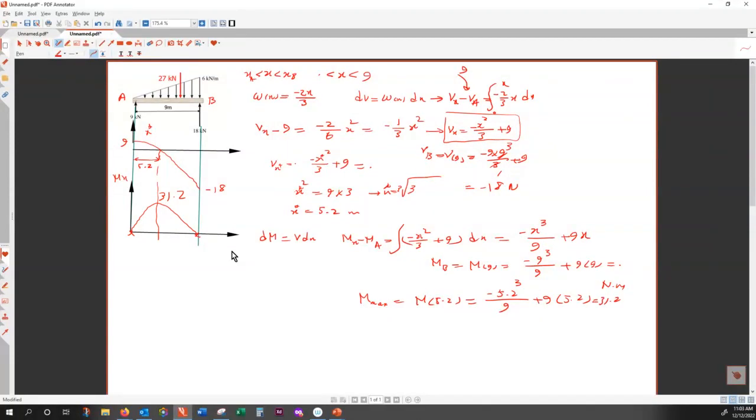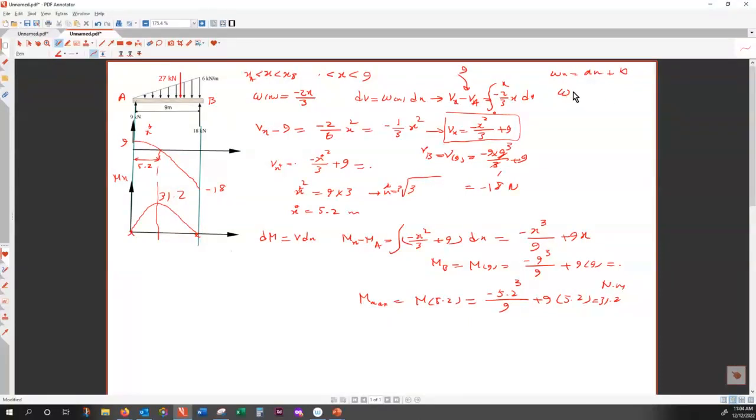So in summary, this was a beam with a distributed load. The first thing was to find an expression for the distributed load. We know that this distributed load is an equation of a line, so you have to calibrate it and find the coefficients. We found this equation of line to be of the shape W of x equal to ax plus b.